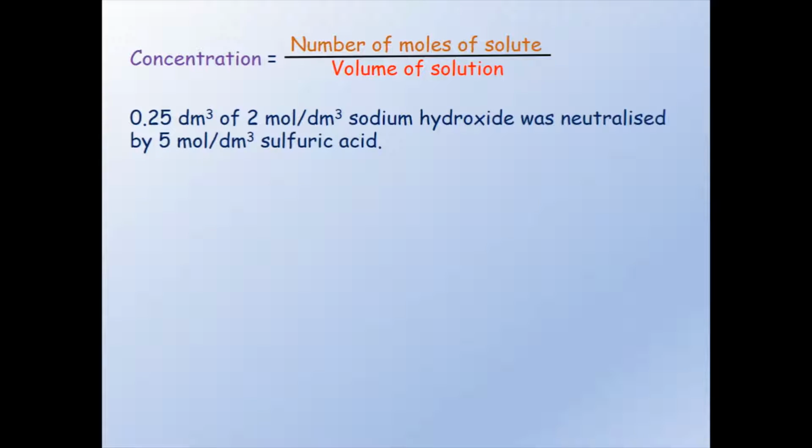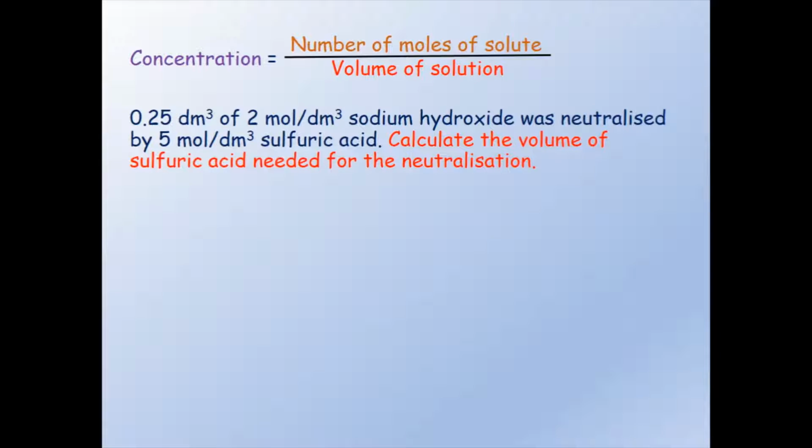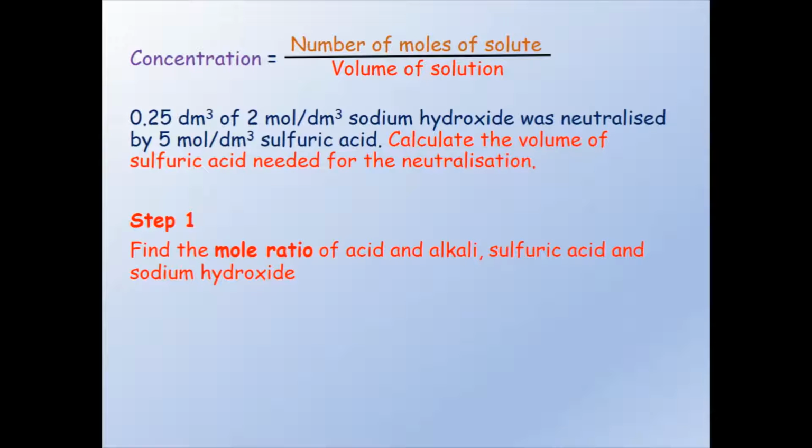0.25 dm³ of 2 mol/dm³ sodium hydroxide was neutralized by 5 mol/dm³ sulfuric acid. Calculate the volume of sulfuric acid needed for the neutralization. Step 1, like last time, is find the mole ratio of acid and alkali, so in this case sulfuric acid and sodium hydroxide.